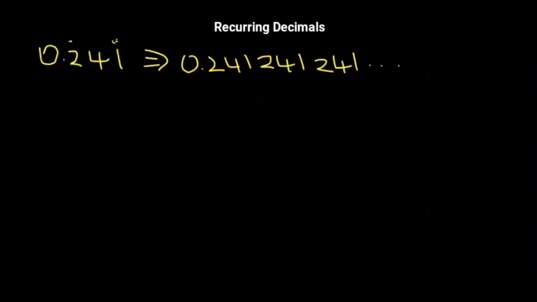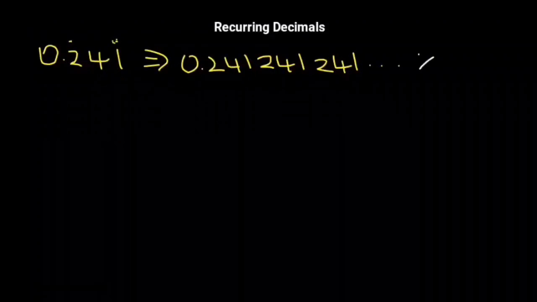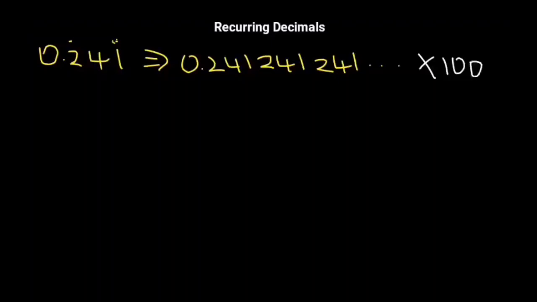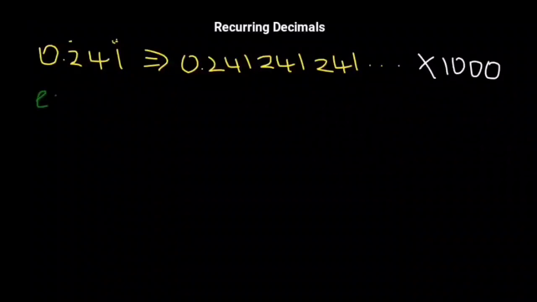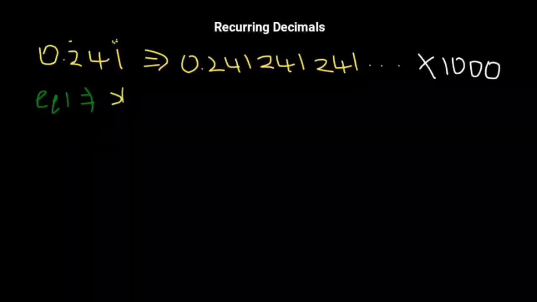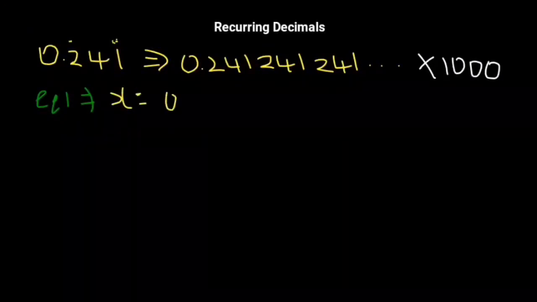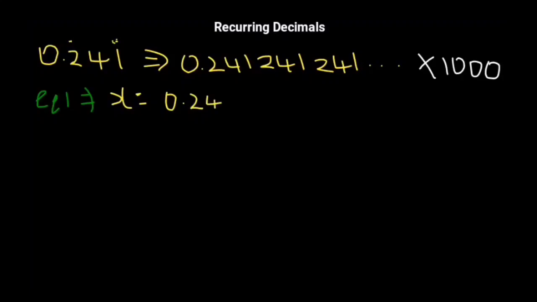So firstly, we're looking at our decimals, and we know that there are going to be 3 decimal points recurring, so we have to multiply by 1,000. That's according to our rule. So formulating equation 1, we have x is equal to 0.241241241, and that keeps continuing.